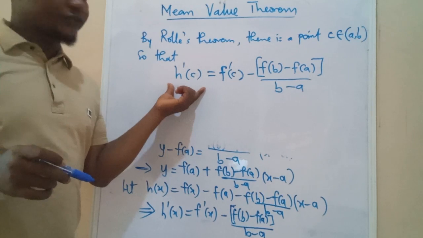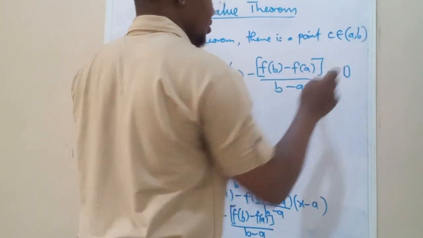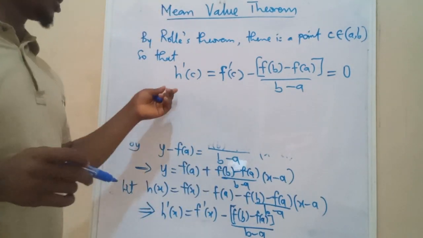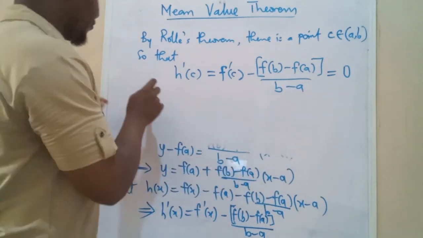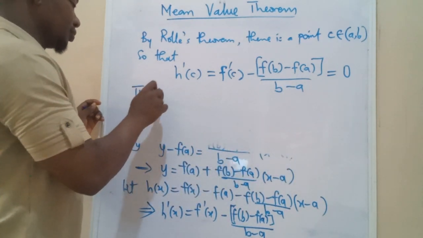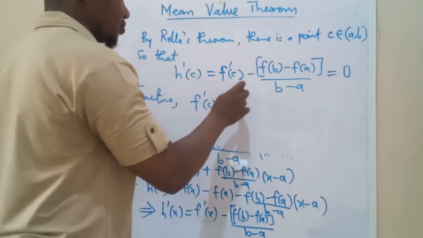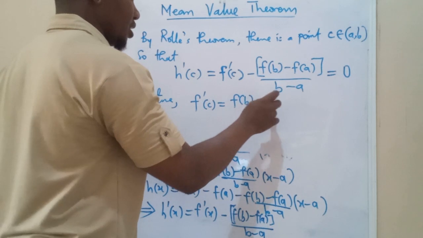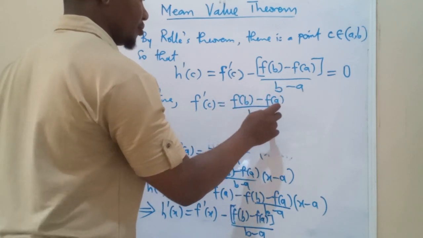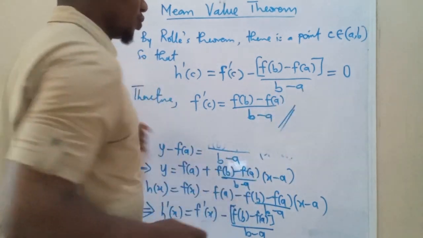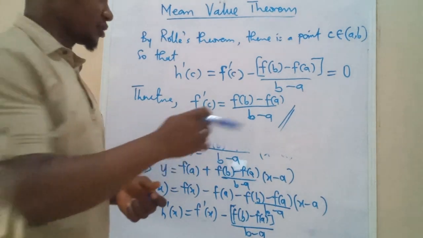According to Rolle's theorem, this slope is 0 at that point. Since this is 0, the entire expression is equal to 0, and therefore f prime of c is equal to f of b minus f of a by b minus a. So this is how we get the mean value formula.